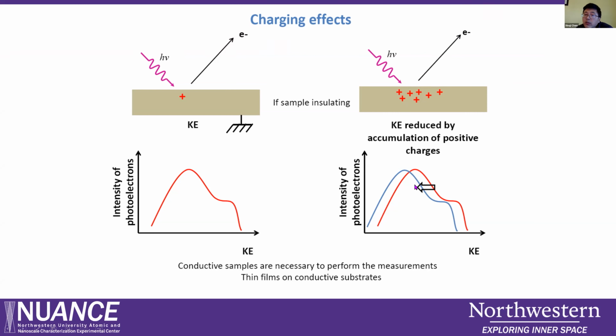This makes your spectrum shift. The shift depends on how heavily insulating the sample is; it can be a few eV, a few tens of eV, or a few hundred eV. If it is more than 10 or 20 eV, you will get nothing in your spectrum. Basically, for the elements you only get plus or minus 10 or 20 eV; if you shift too much, you cannot get it.